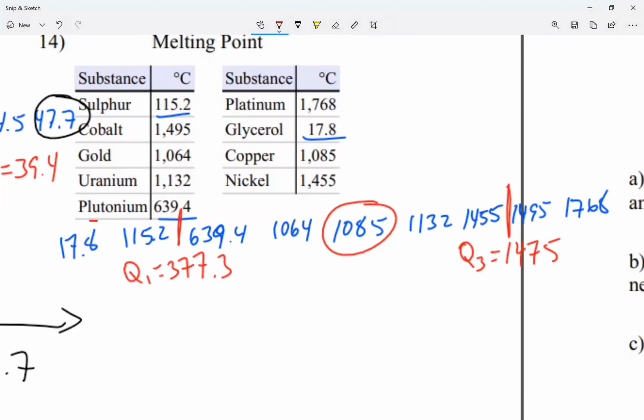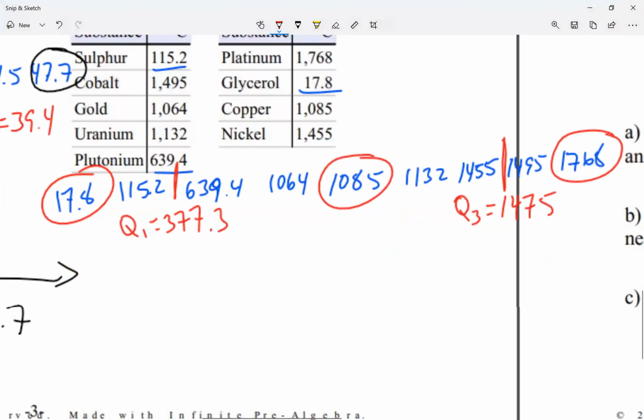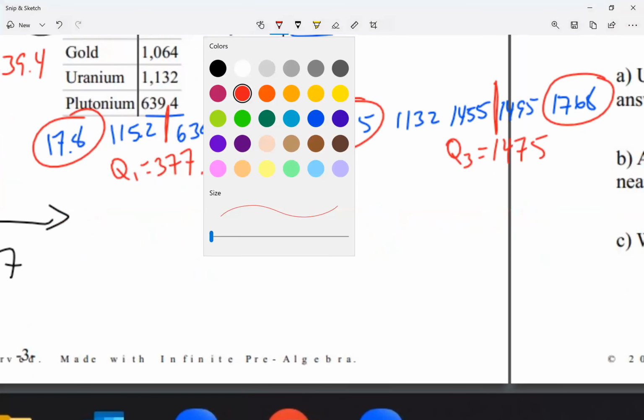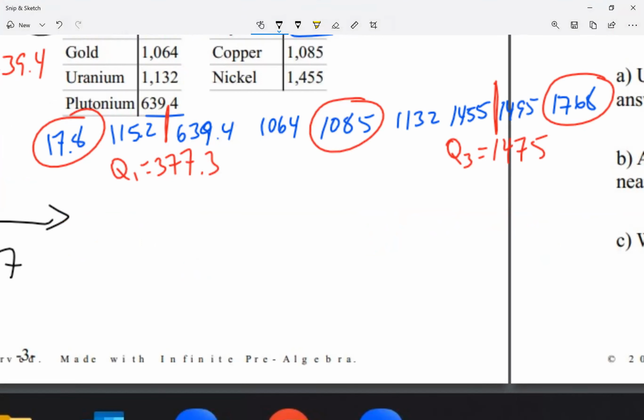And I also need to know my smallest number and my biggest number. Because I'm graphing it by hand, I will include the actual numbers. In your case, you have to identify where it is. So 17.8 is obviously less than 20. The numbers are big, so in my choices, I'm probably counting by every 200, or every 300, or every 500.